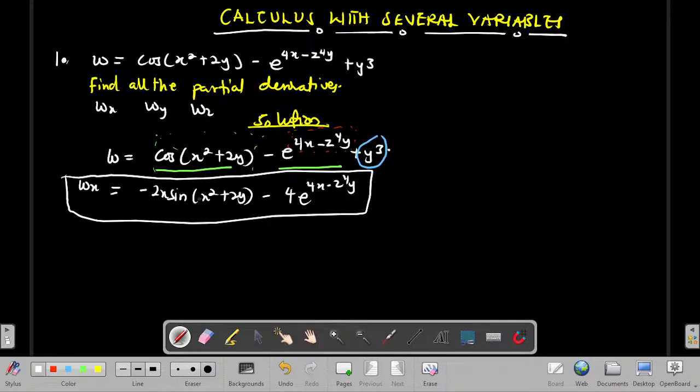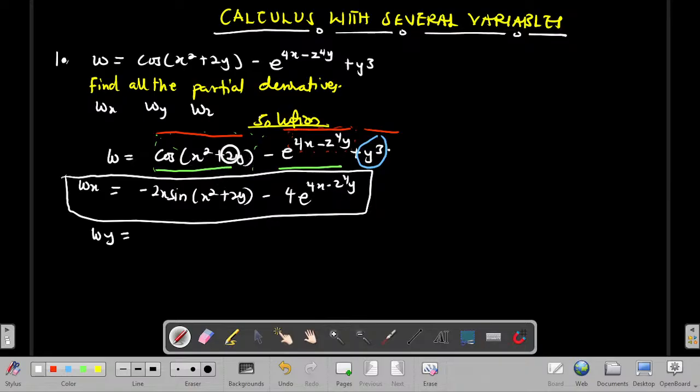The next thing we're going to do is differentiate with respect to y. What do we do? We find where y is. They all have y. So when I come here, similarly, I follow the same process.